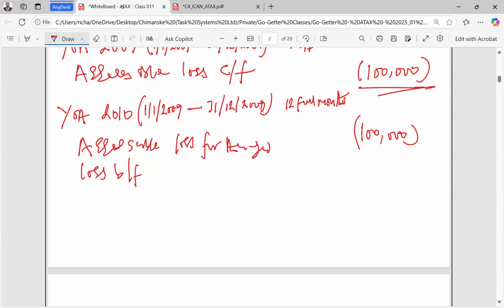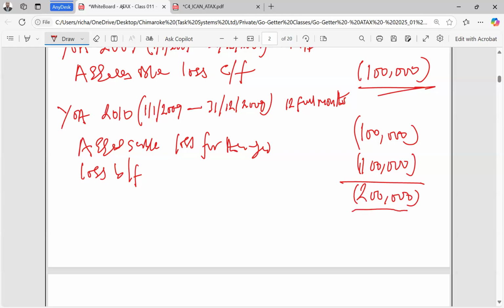Since this one had a carry forward, it must be brought forward. So you have another 100,000 brought forward. So now, when you add them up together, you are having 200,000 available for relief. But what is the actual loss?